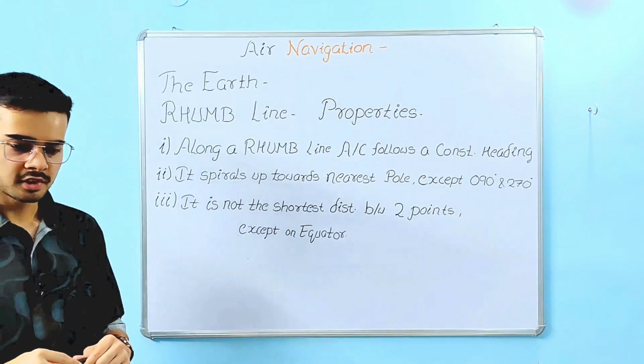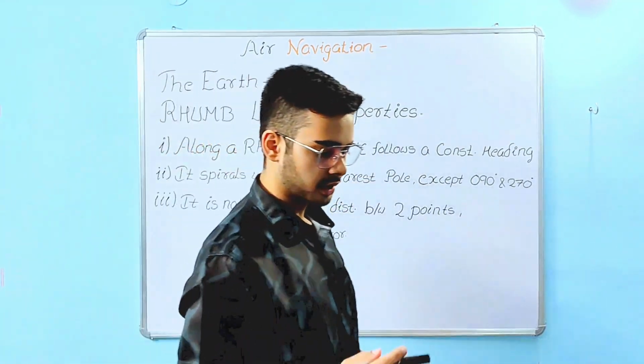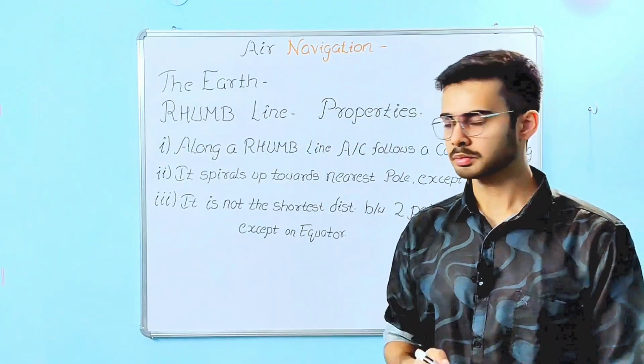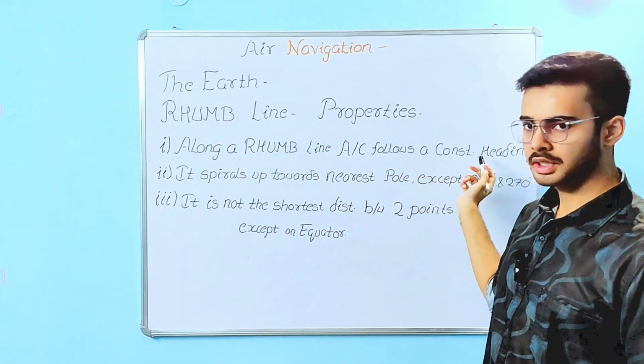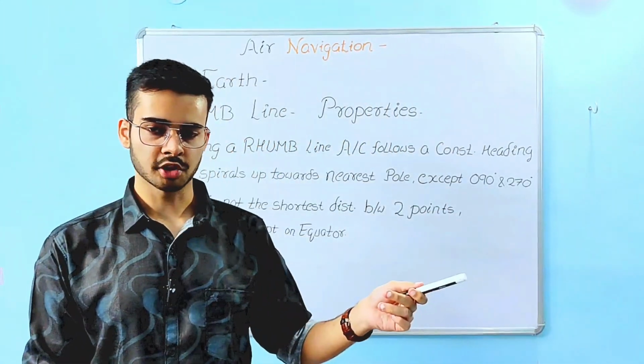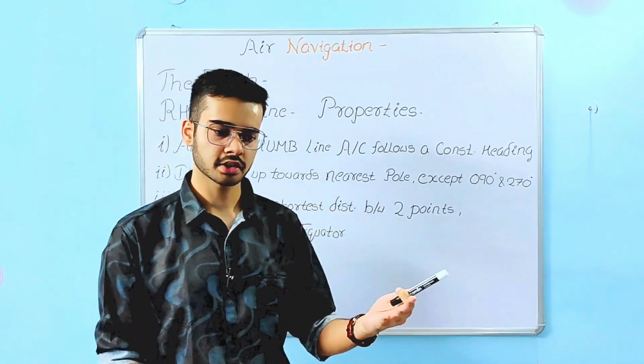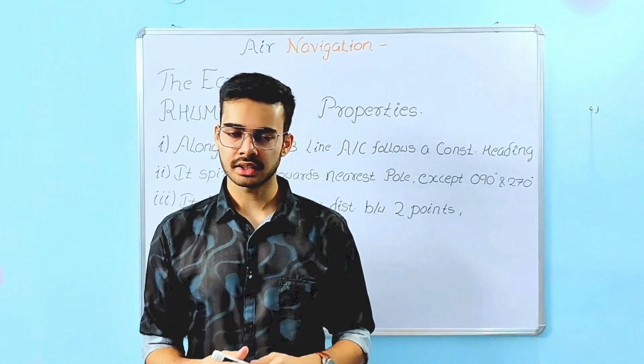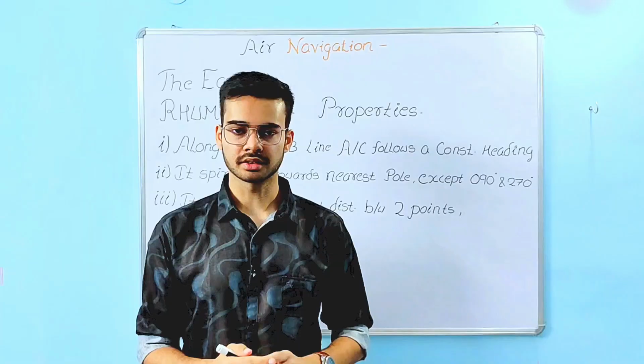Okay, so the first two we've already discussed with the globe. First, constant heading. When on a rhumb line, our aircraft will always be on a constant heading because the definition of the rhumb line already said that it cuts equal angles with the meridians.